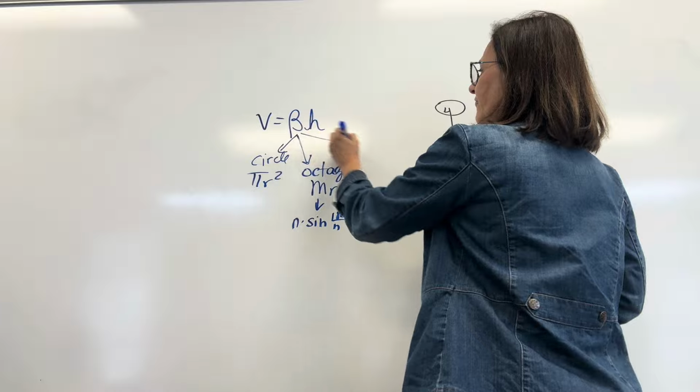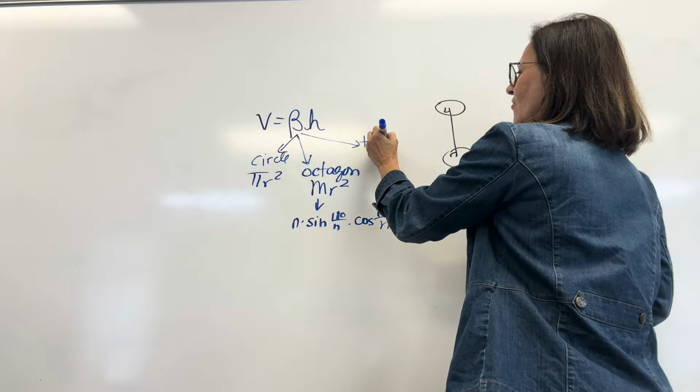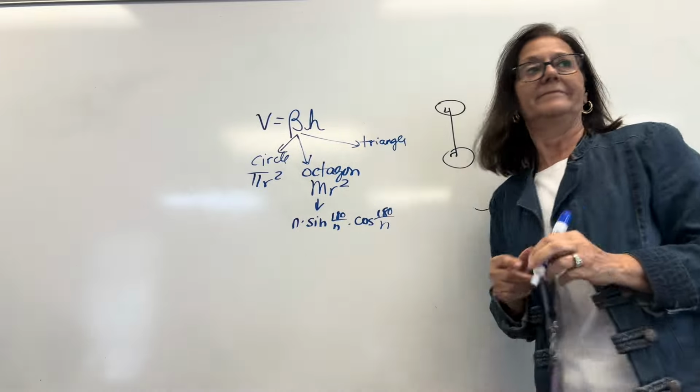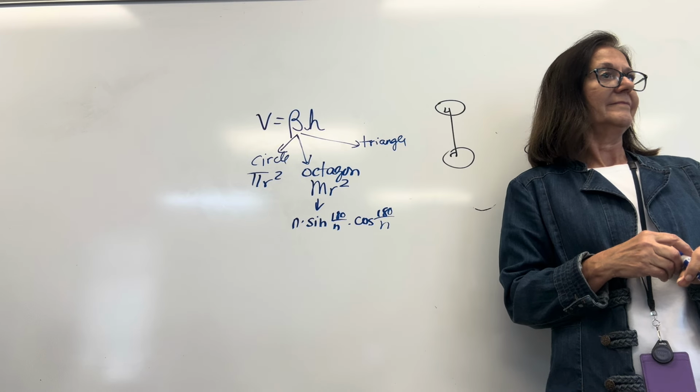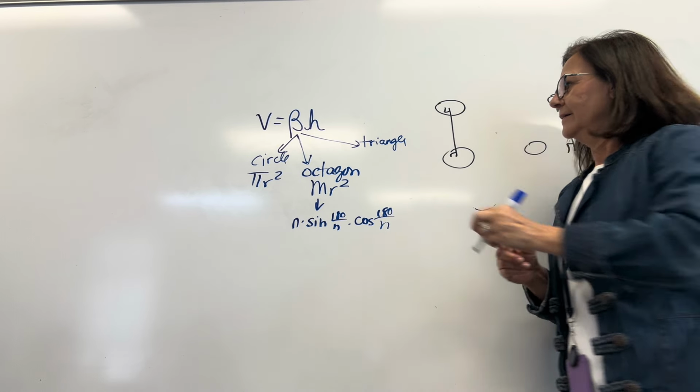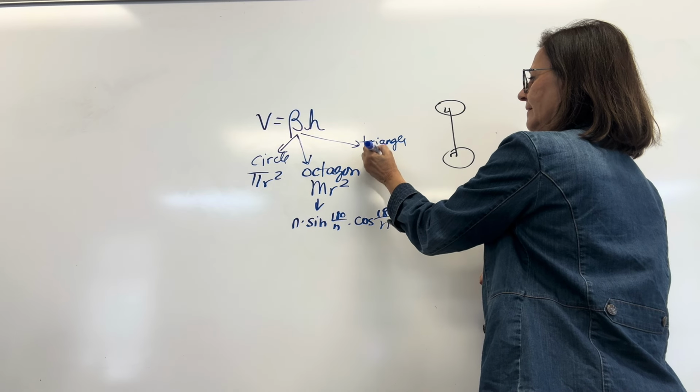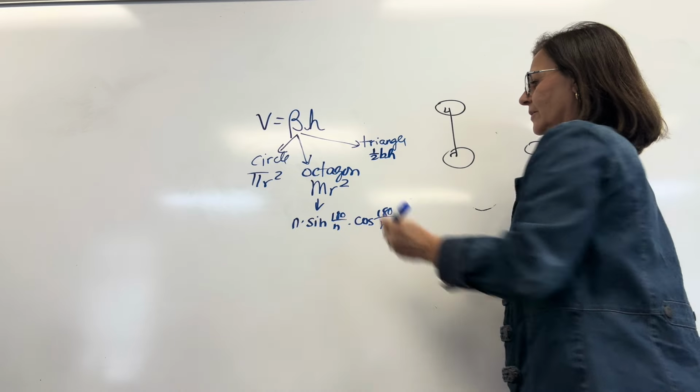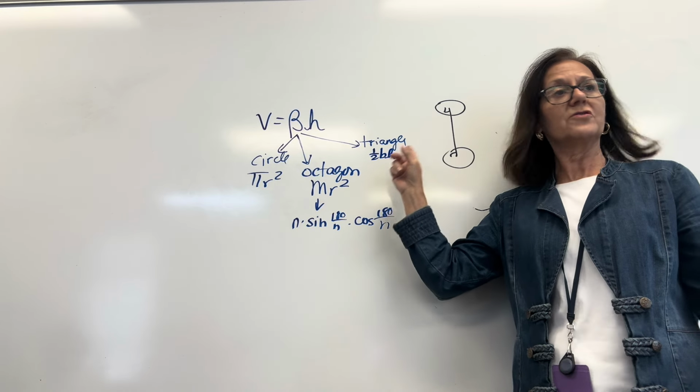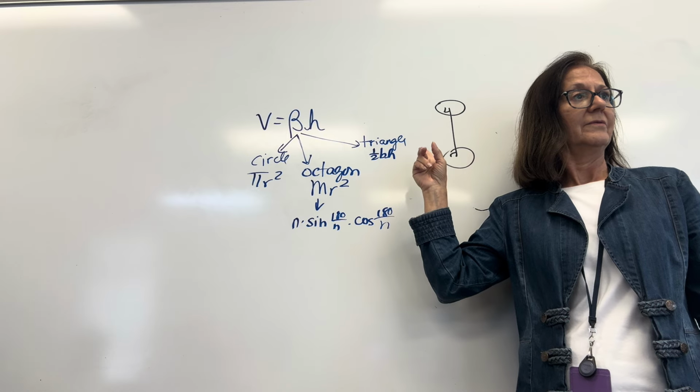Okay. What if it were a triangle? One half base times height. Could I use M r squared if it were a triangle?